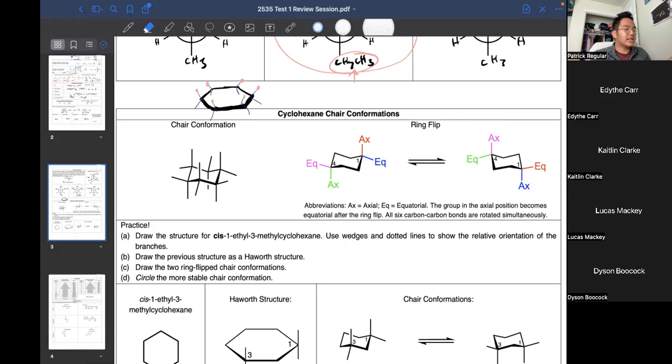So all these pink dots, if they were hydrogens, would all be cis to each other. And the pattern goes, they alternate. So this is axial. In a chair conformation, everything next to the axial ones are equatorial, and vice versa. For every same-side pink dot that's next to an equatorial, it's axial. And then you just fill out the rest, they alternate.